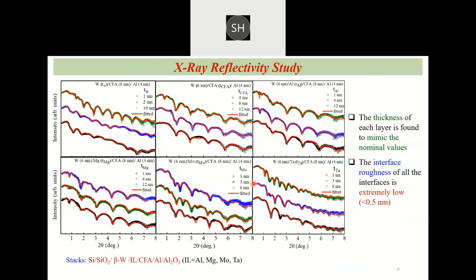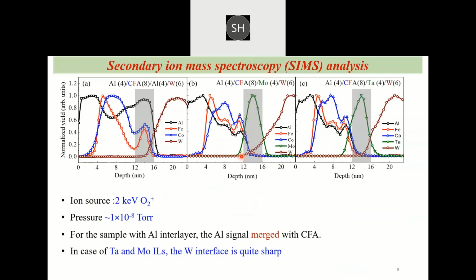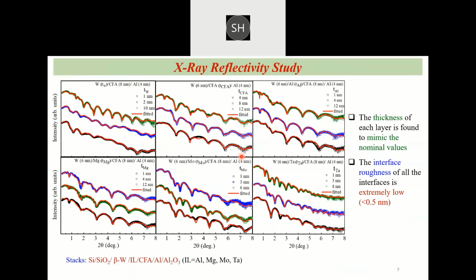To understand the quality of the interface of the grown heterostructure, we performed XRR measurements on a few selected samples of each of the series, and we have seen that the interface quality is quite good, or I can say very smooth, with interface roughness less than 0.5 nanometer, and the thickness of each layer also mimics the nominal values.